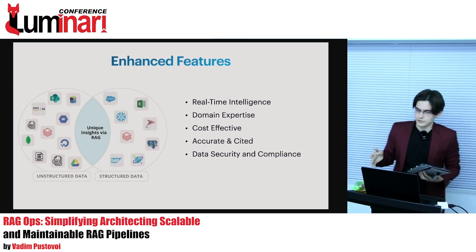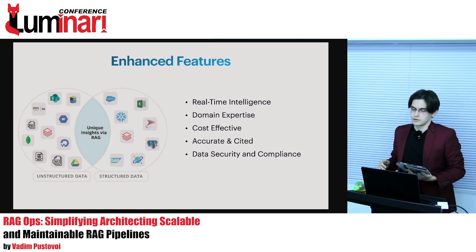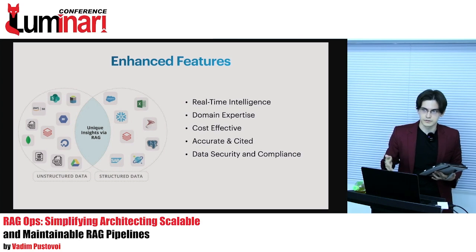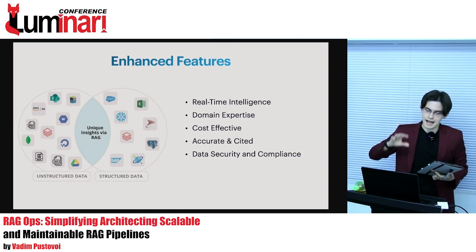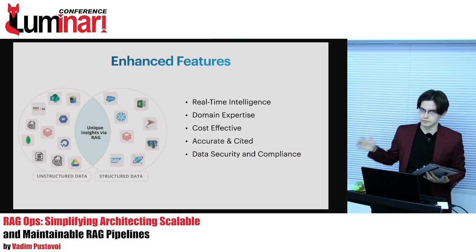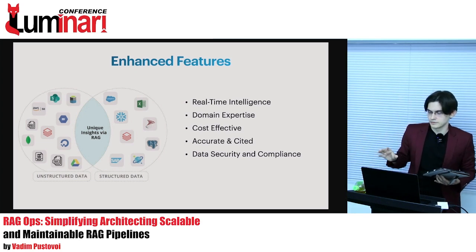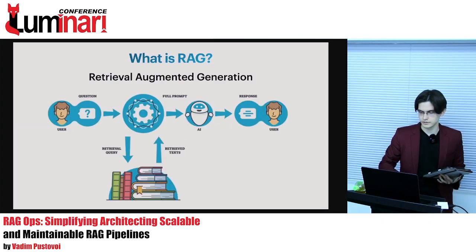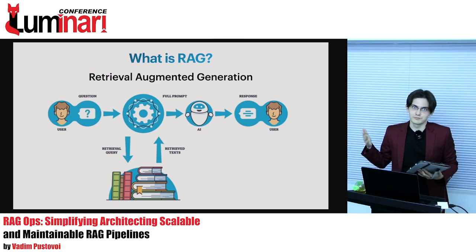So what does it do? It does it in real time. When you ask, hey, what's the weather tomorrow? It will go to that service or to the database where the knowledge is located, retrieve that, and add this information about the weather tomorrow to the main prompt. The full prompt, as you can see here, will be like, what is the weather tomorrow?